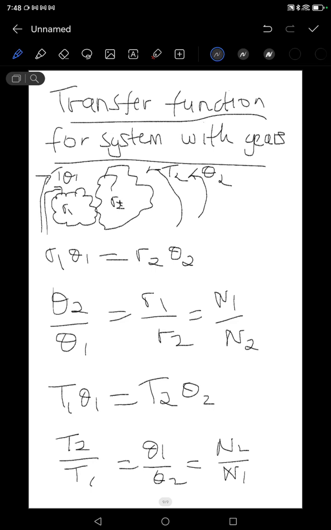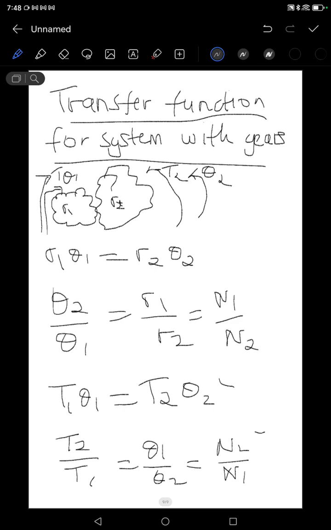We're going to use this type of equation, the R1 theta 1, but most of the time we're going to be using these two, the T1 theta 1 and T2 theta 2, and one number of teeth over another number of teeth. Okay, so now let's do an example of this gear.